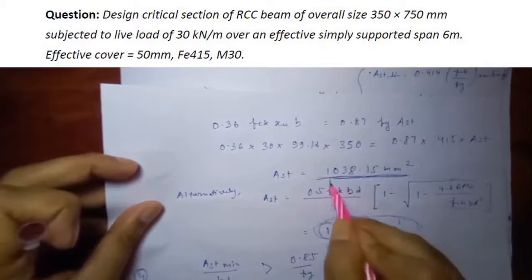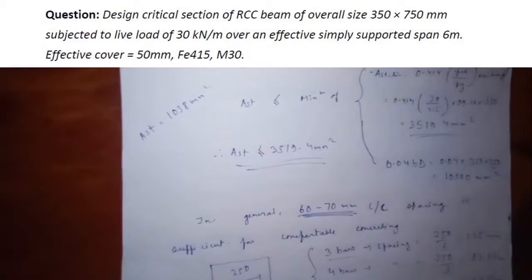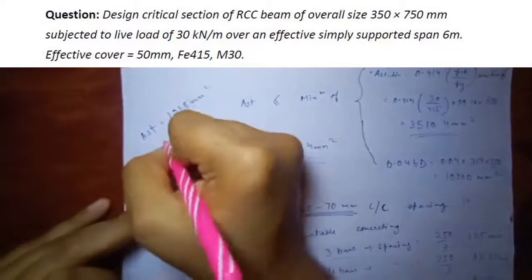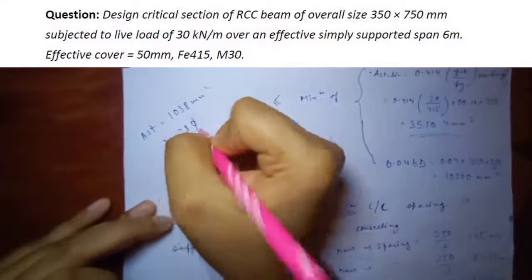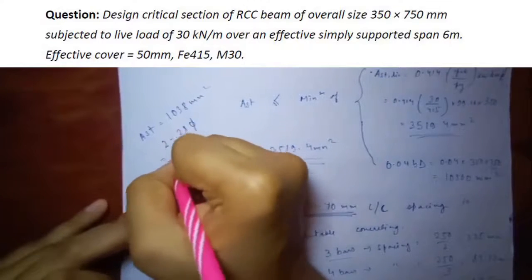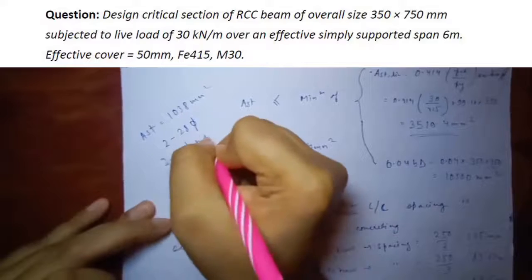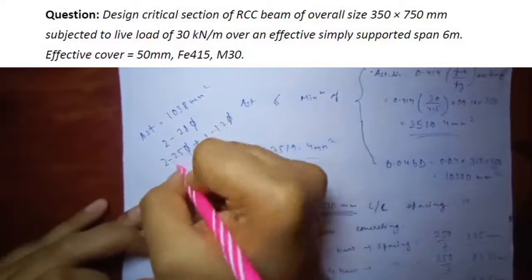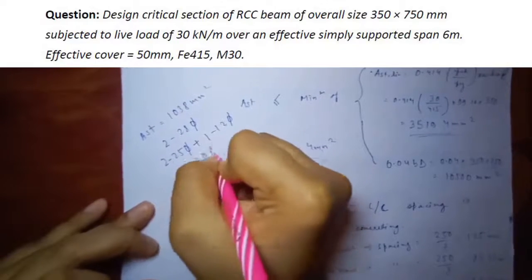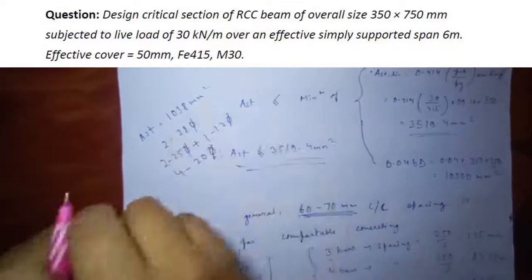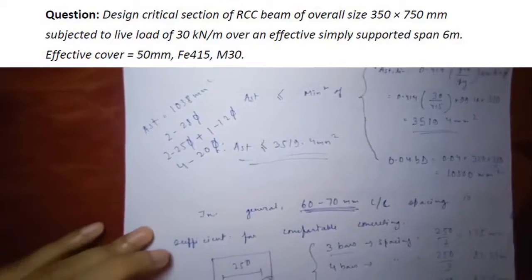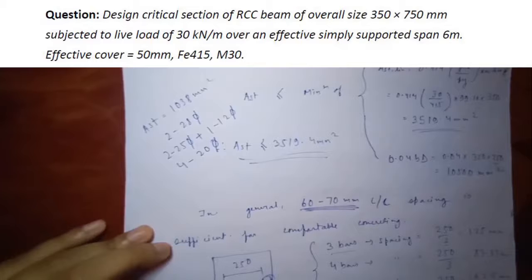Let's forget this one. I am taking this 1038, because we should keep AST on the lower side, and this can be done either by 2 numbers of 28 dia bars, or by 2 of 25 dia plus 1 of 12 dia bars. Also it can be done by 4 of 20 dia bars. So I can use any of the combinations.